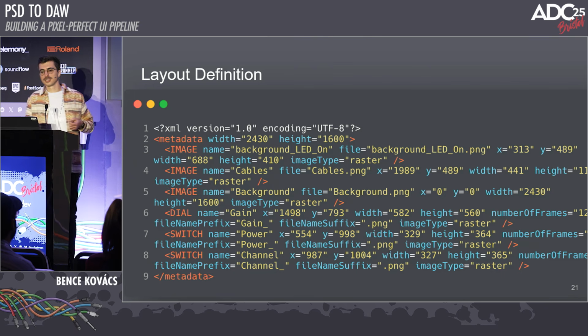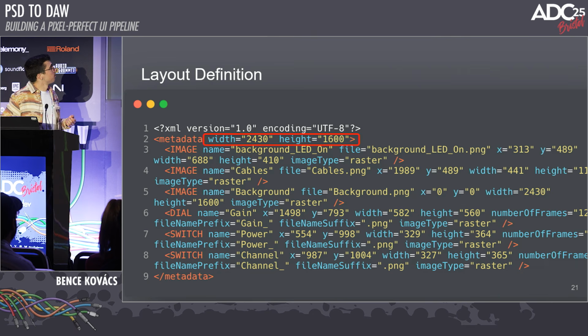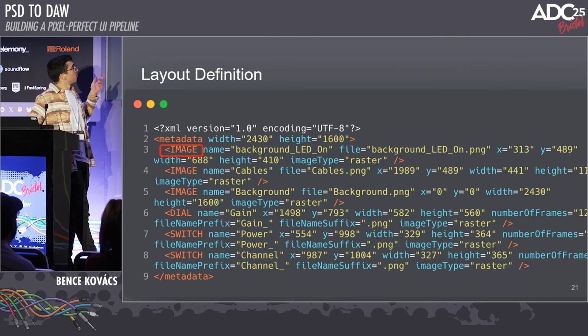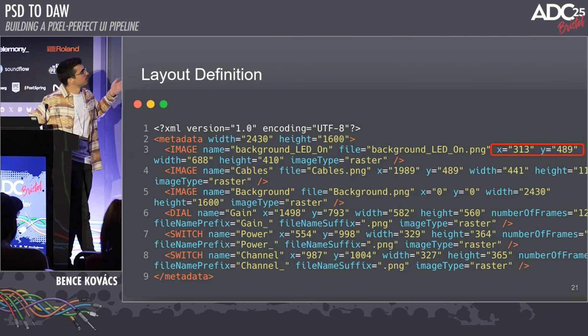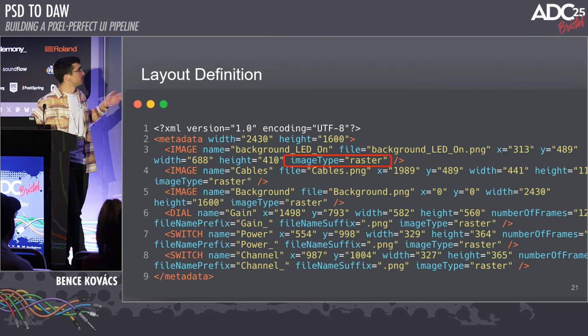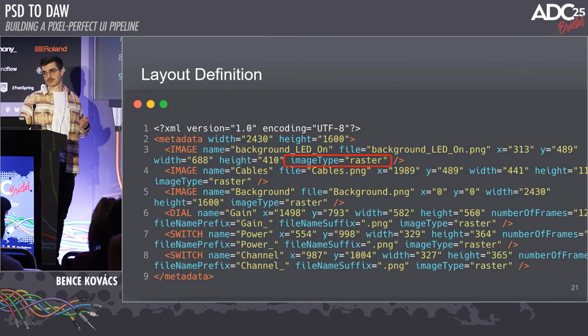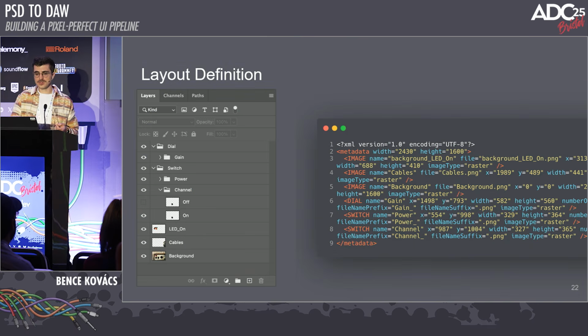It's a pretty standard XML file. You can see that we define the entire bitmap size, the type of the component, what name it has, what kind of files belong to it perhaps, and what the position and its size is in the original bitmap, as well as some other flags, whether you are having raster or vector images.